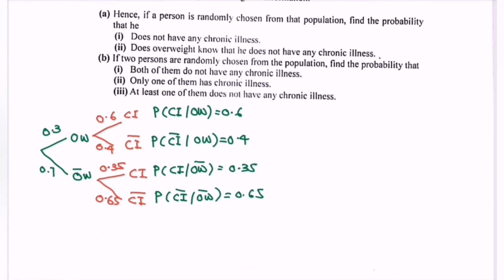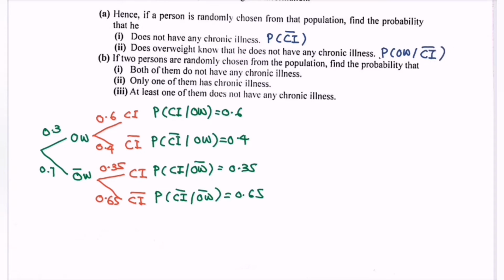A. If a person is randomly chosen from the population, find the probability that they do not have any chronic illness. Continue. Then, find the probability of overweight, known that he does not have any chronic illness. Given non-chronic illness, that is the situation.